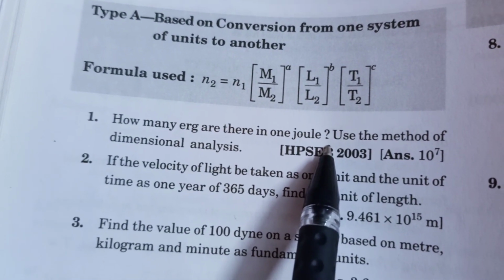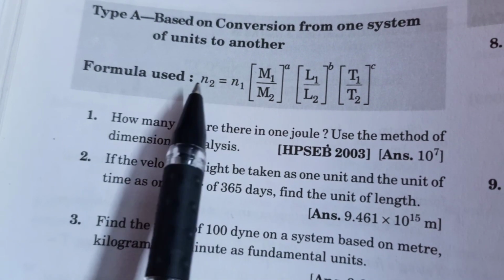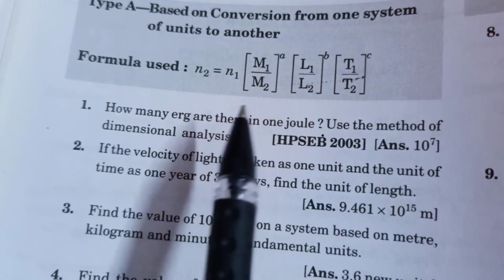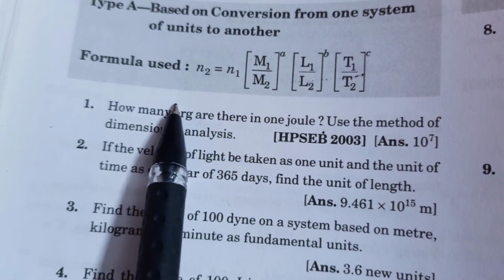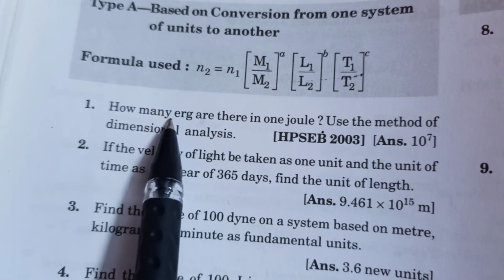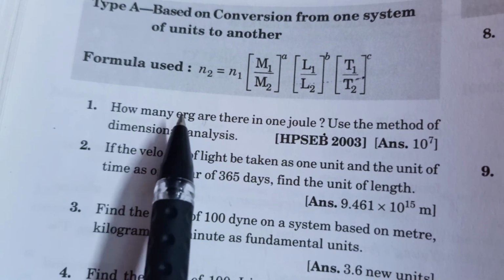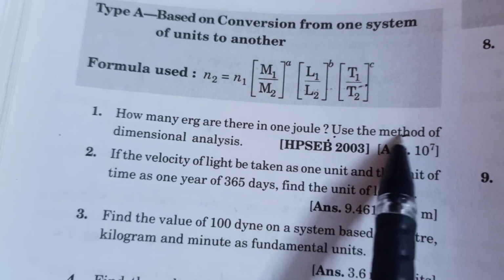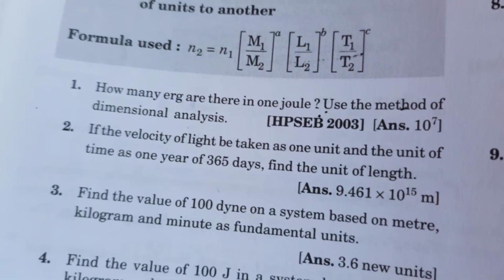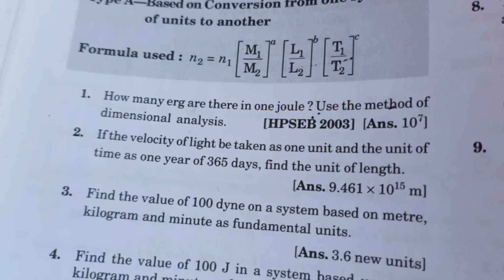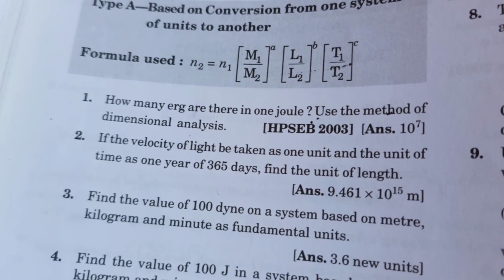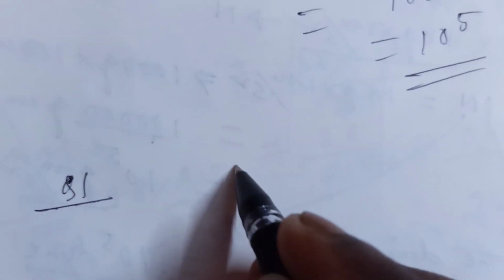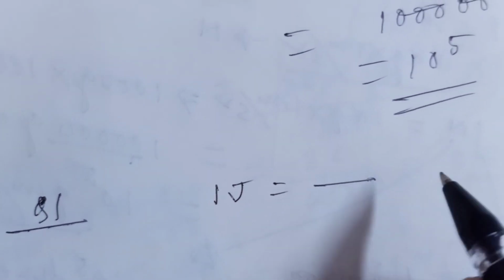The first one is how many erg are there in 1 joule. First of all, students, pause this video and write down that particular formula, and then calculate it in the CGS unit of work done, using the method of dimensional analysis. So question number 1: 1 joule equals dash erg.